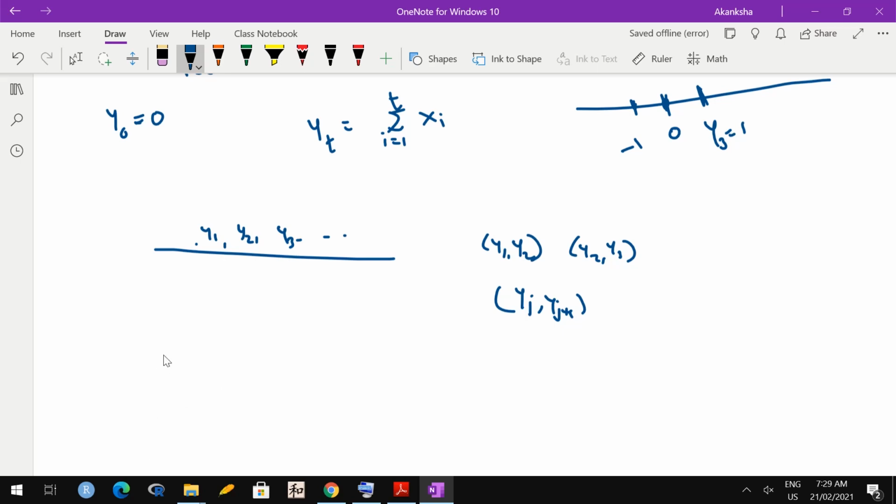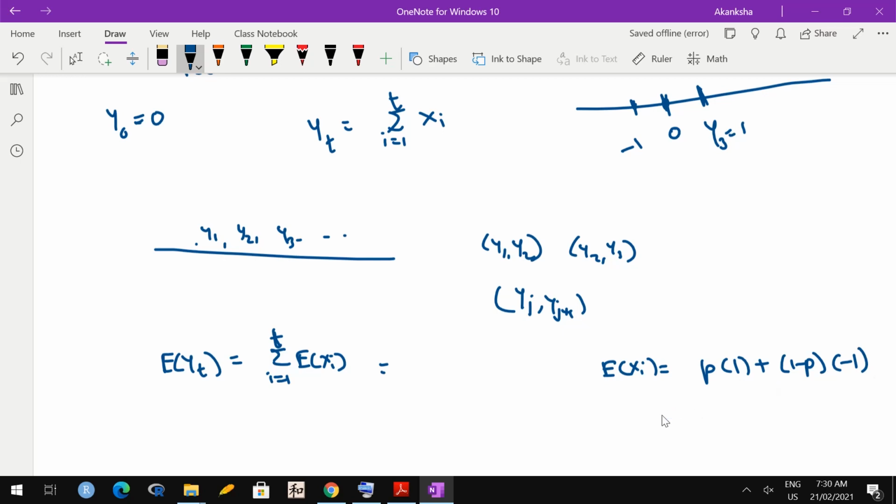So let us check. If I want to compute the expectation of Yt, I am going to need the expectation of individual Xi's, correct? So what is the expectation of an individual Xi? Now it depends. If I consider a symmetric random walk, then it is going to be something; if I consider a non-symmetric random walk, then it may be different. So in general, the expectation of Xi would be p into 1 plus (1 minus p) into minus 1.